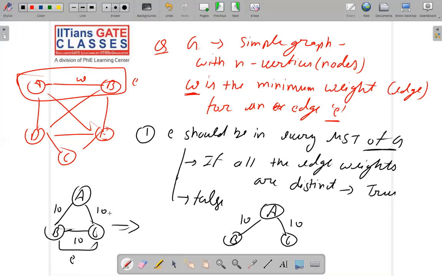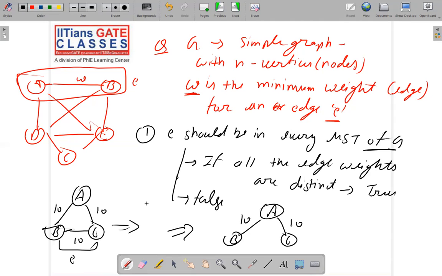See, here we are making a cycle where there are two edges having minimum weight, so one edge won't be part of the minimum spanning tree. If we have a cycle in a graph where two edges have equal weight, which is the minimum, one of those minimum weight edges won't be part of the minimum spanning tree. Remember this.